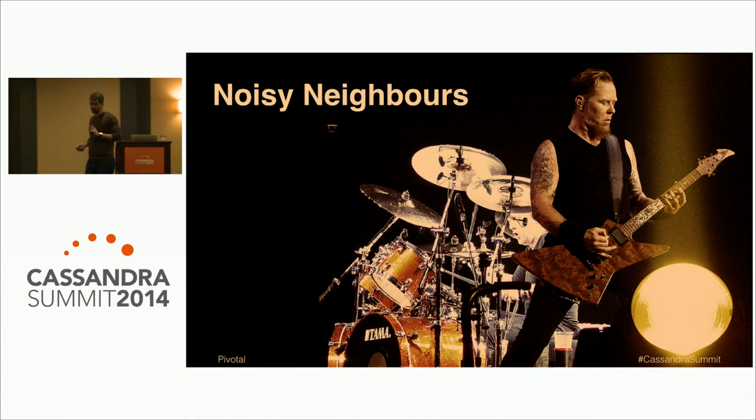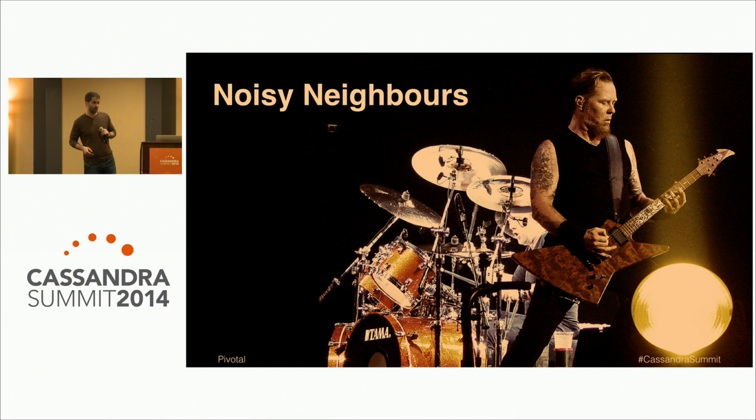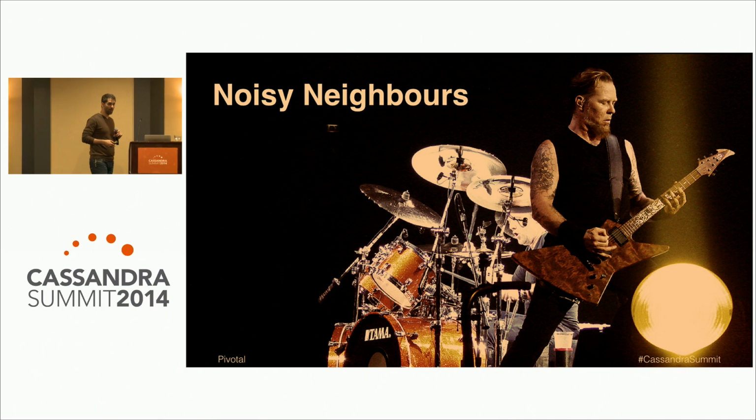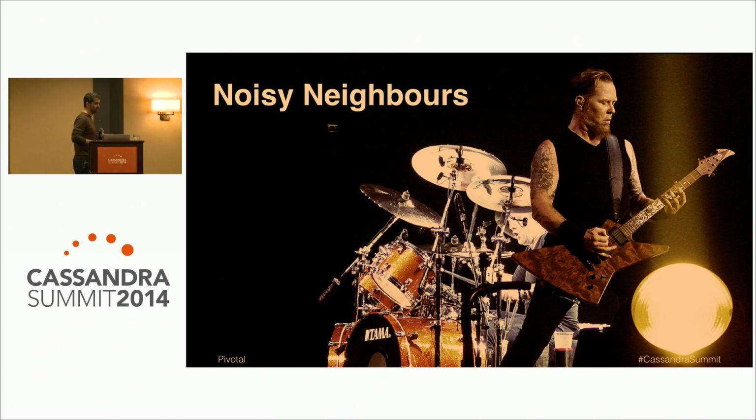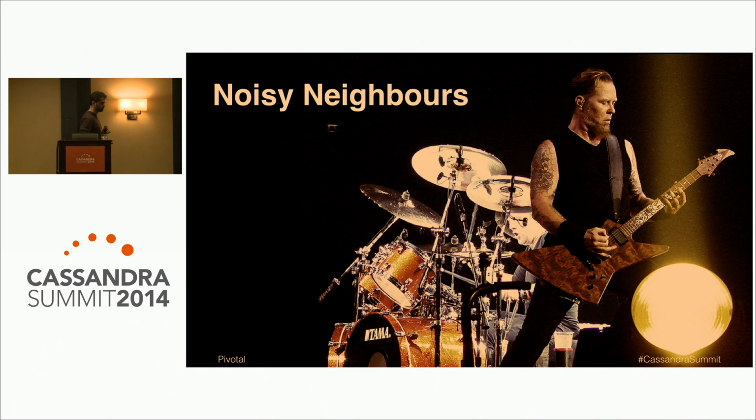There's also the noisy neighbor problem. In Cassandra, there's no way to limit, for example, the amount of CPU that's used by queries against a single key space, the amount of memory that's used for queries against a single key space, or the amount of disk space that's used by a key space.